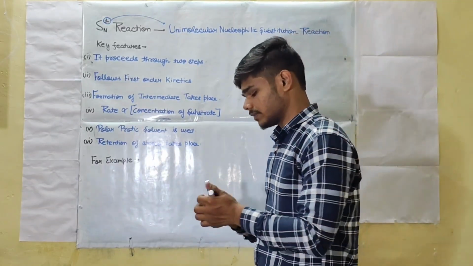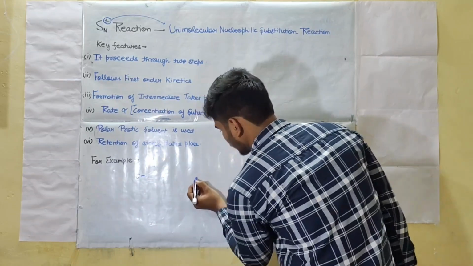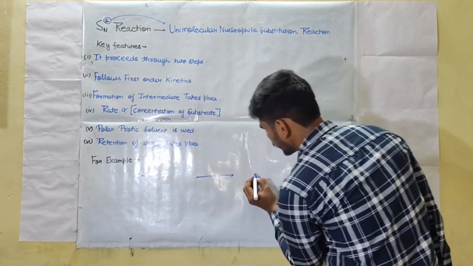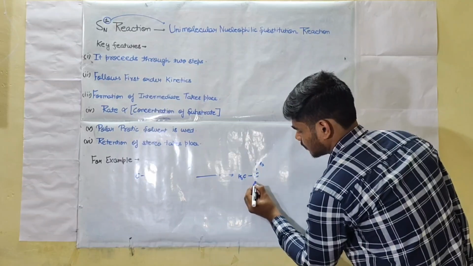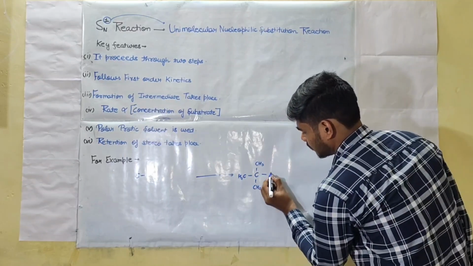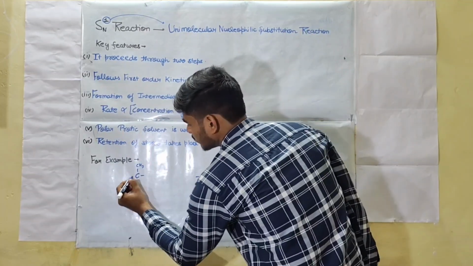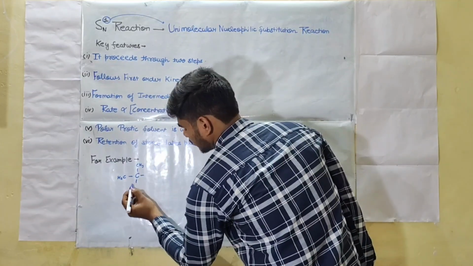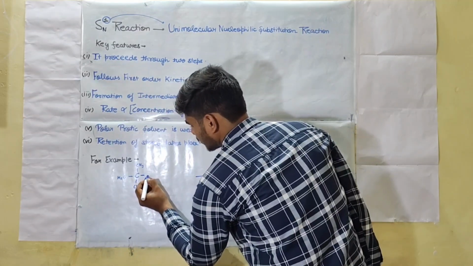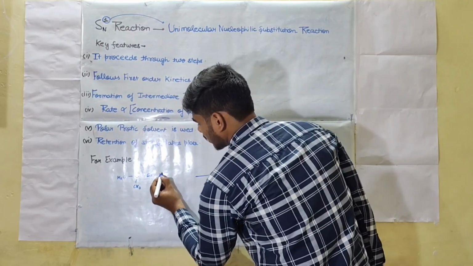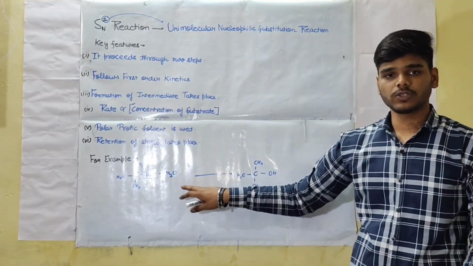If we see an example for the formation of tertiary butyl alcohol from tertiary butyl bromide in the presence of H2O, it proceeds via two steps.